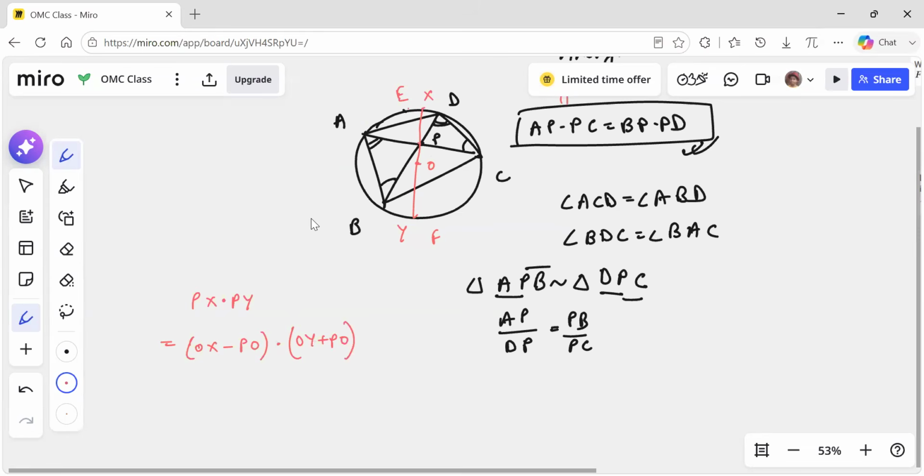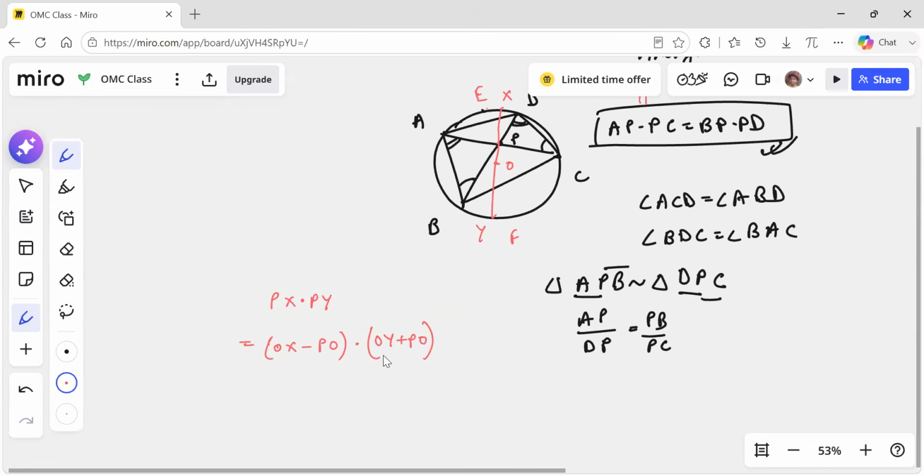The good thing is that OX and OY both are the radius of the circle. Let me call this radius R. So I have R minus OP and R plus OP. This reduces to R squared minus OP squared.